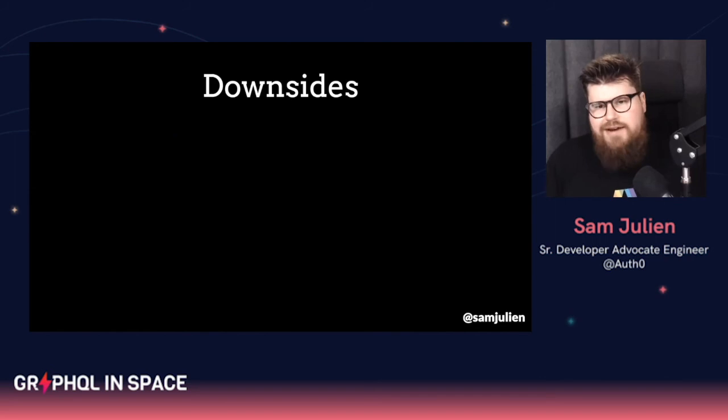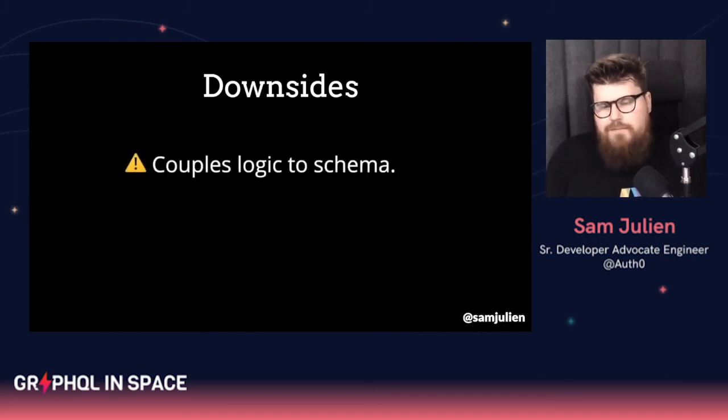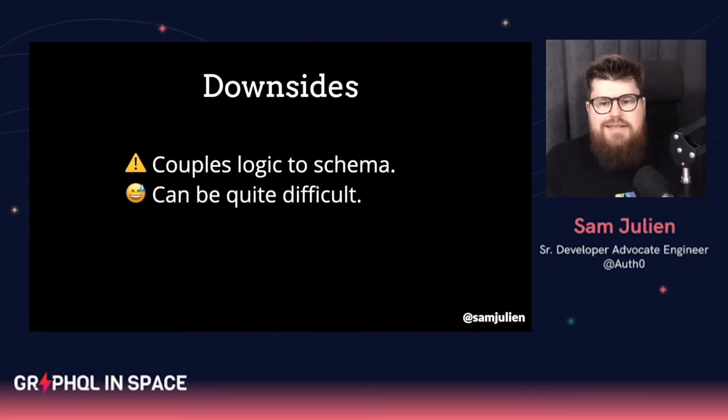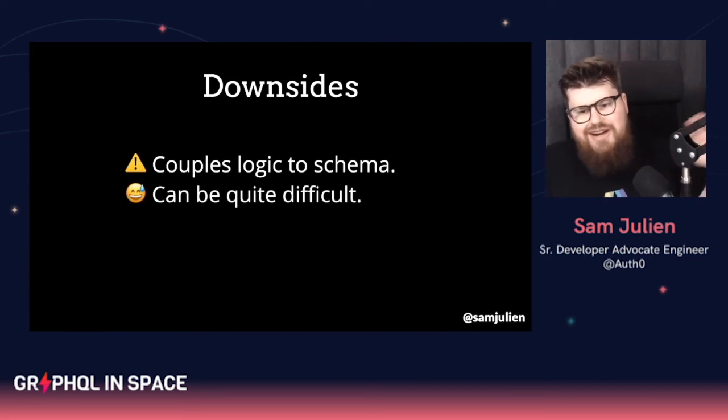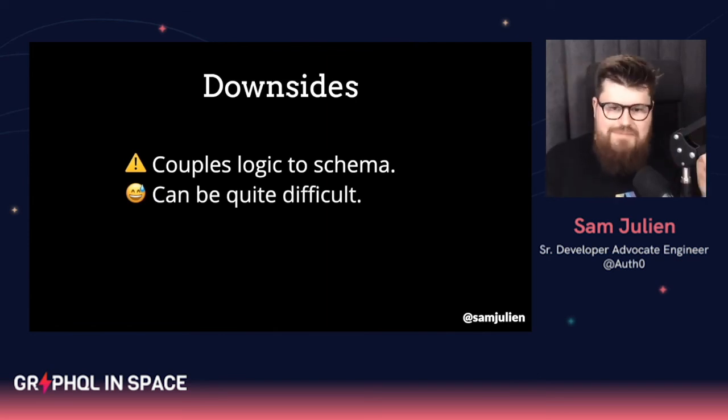So custom directives are really cool. They do have some downsides that you should be aware of. They're really powerful, but the one issue to be aware of is that they couple your logic to your schema. This isn't necessarily a bad thing, but it is something that you want to be aware of. The other thing about custom directives is they can be quite difficult. I mean, if you just saw that class just to get this simple one working, there's a lot that happens here.